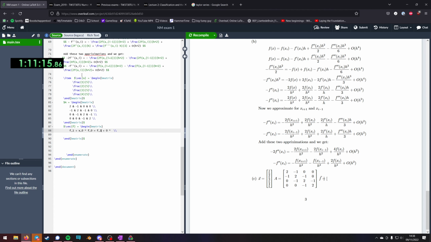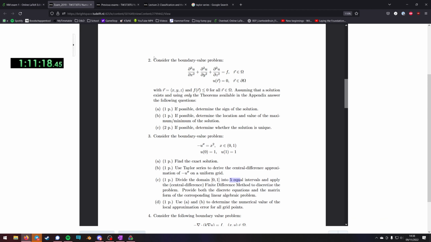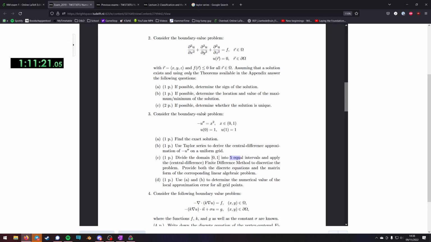Because after discretization, we get a matrix A times u equals... hold up, I am clouding. Yeah, so f is this thing. So we can fill in f. We don't want f, we want the boundary values.